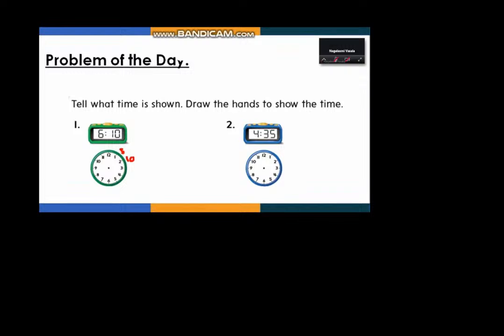So the long one, or let's start with the short one. Okay, so the short one will point to number 6, and the long one will point to number 2, which means 10 minutes. Let's go to this one.